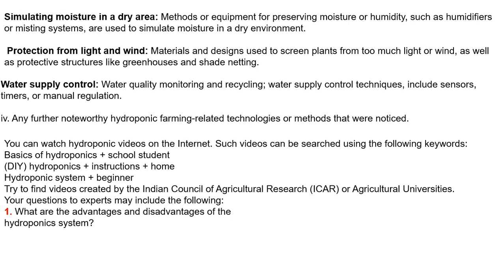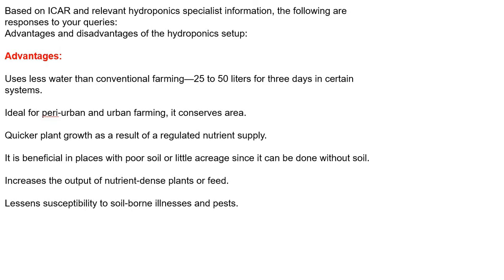Try to find videos created by the Indian Council of Agricultural Research, that is ICAR, or agricultural universities. Your questions to experts may include the following: What are the advantages and disadvantages of the hydroponic system? Based on ICAR and relevant hydroponic specialist information, the following are responses to our queries.